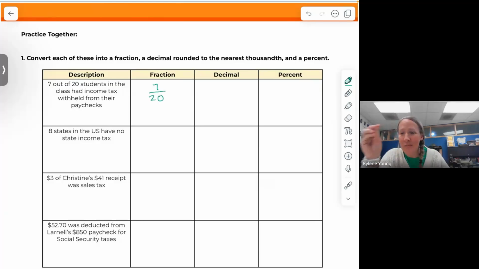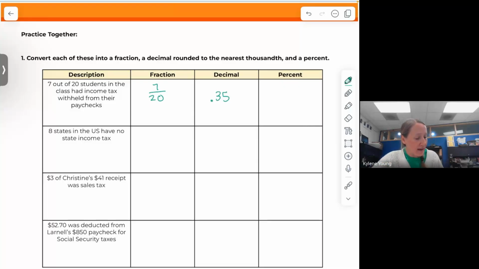I'm just going to take the part, which is 7, put my fraction bar over the whole, which is 20. So then in order to convert that fraction to a decimal, I'm going to just put that in my calculator. So go ahead and put 7 divided by 20 in your calculator. That's going to get you 0.35. Okay.